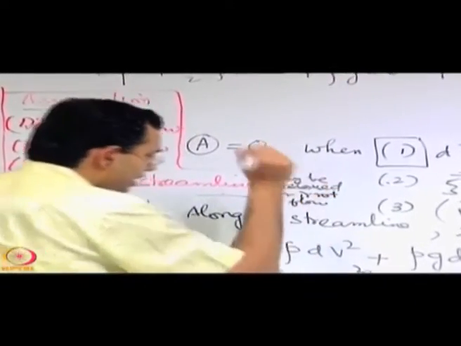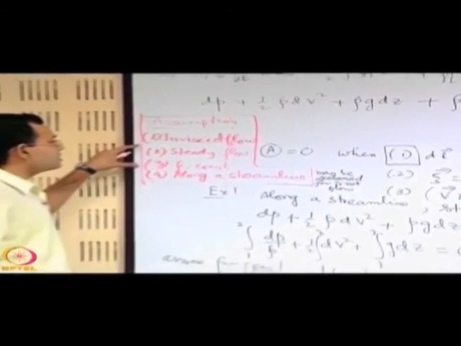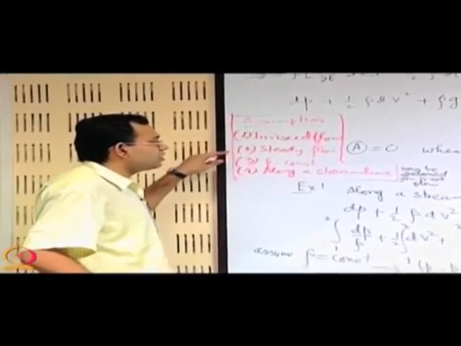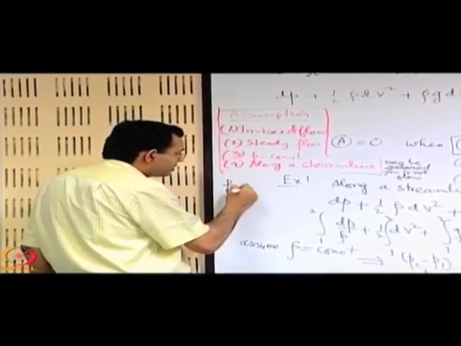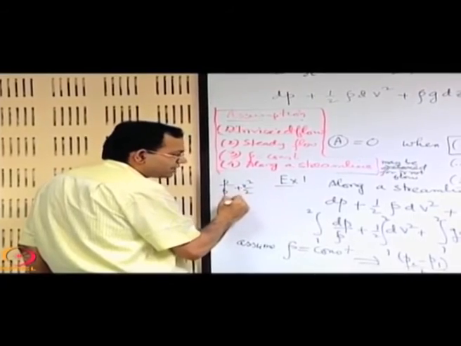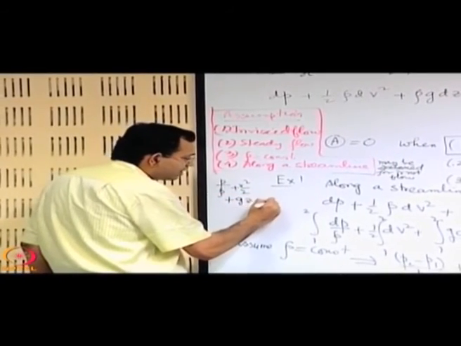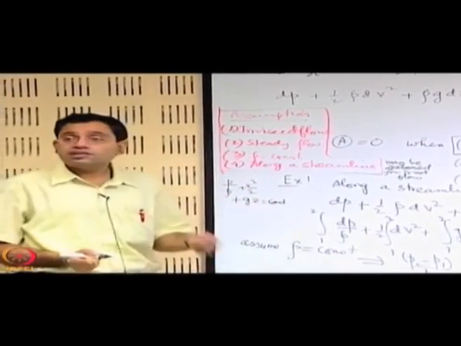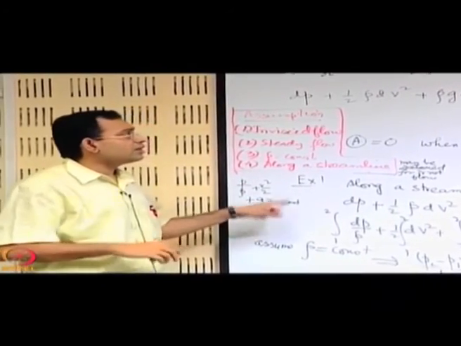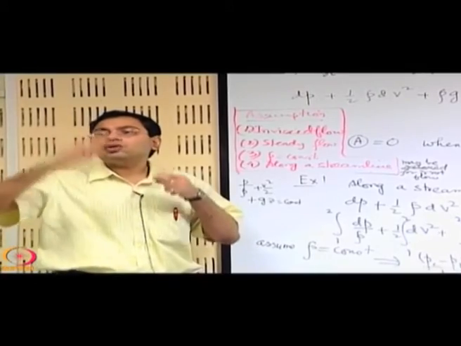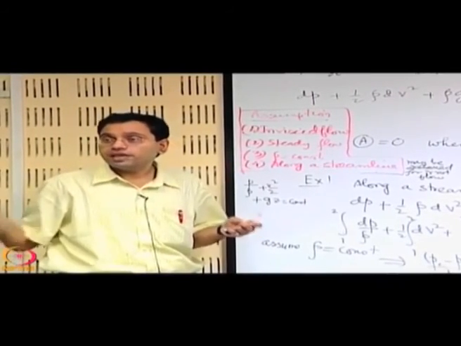So what is the summary? The summary is, if it is an irrotational flow and other conditions are satisfied, that is inviscid, steady and rho equal to constant, you can write P by rho plus V square by 2 plus g z is constant, and need not always be along a streamline. So this is constant no matter whether you are considering the points 1 and 2 anywhere in the flow field, that is very important.